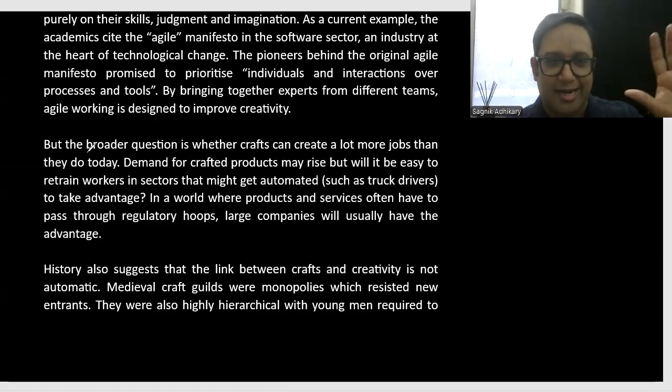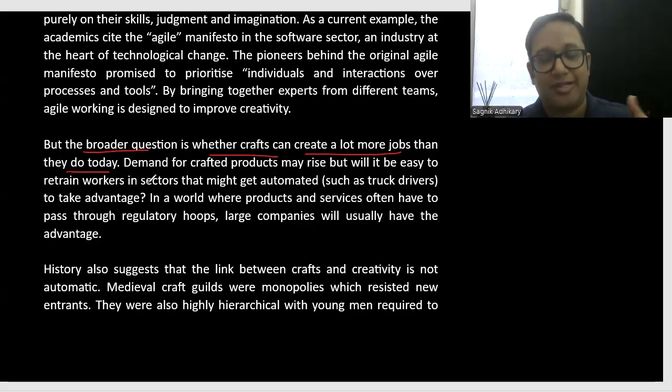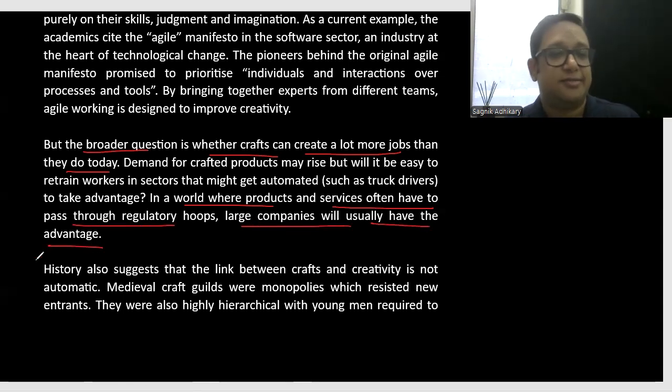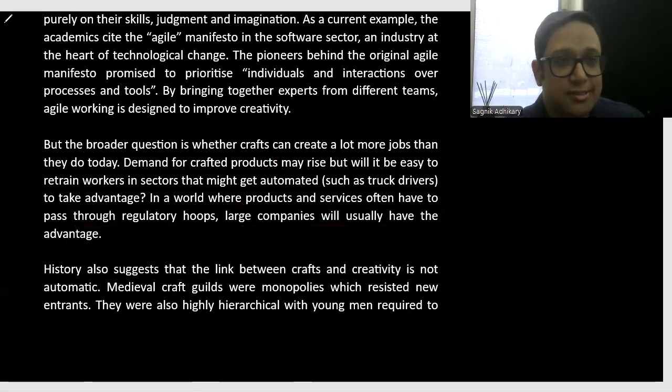So first off, the connection is this, but the broader question is whether crafts can create a lot more jobs than they do today in the future. And that is not very likely because in a world where products and services often have to pass through regulatory hoops, large companies will usually have the advantage. So let us look at the options.